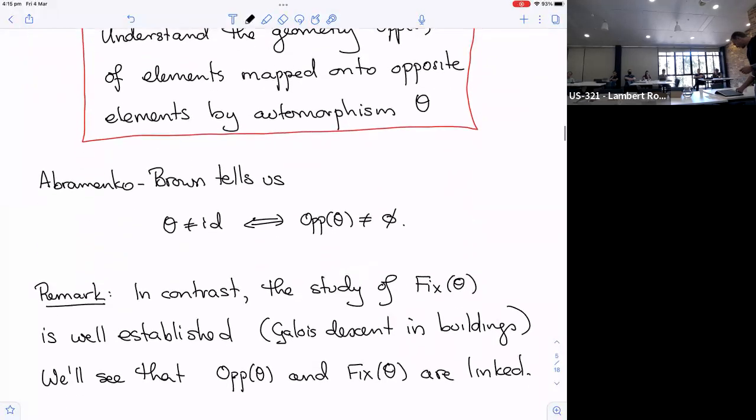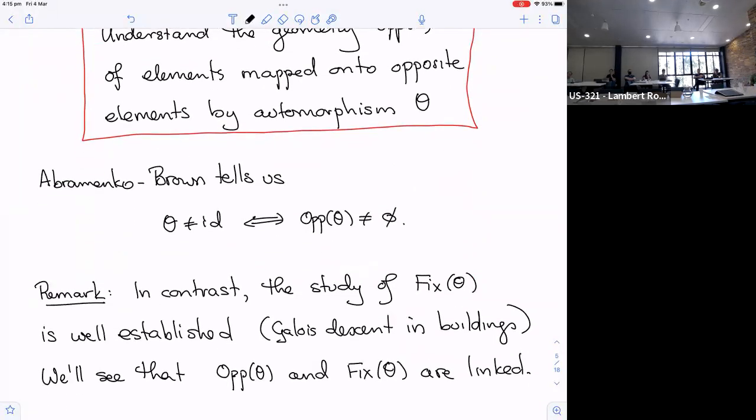Actually, I said this earlier as well. In contrast, the study of the fixed geometry, fixed theta let's say, is something that's used a lot for Galois descent in buildings. With buildings, once you get used to them, you have to see these F4 buildings sitting inside the E8 buildings. They're fixed geometries of certain automorphisms of the E8 building.